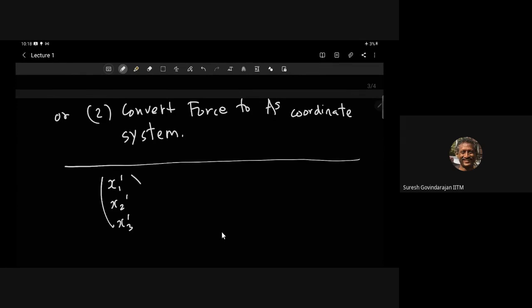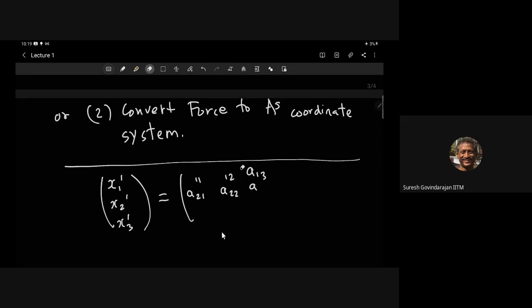I'll form a three-column vector with x1 prime. So this should be equal to some matrix. Okay, so let's just call that matrix and write some matrix. I can't use A because A is for acceleration.